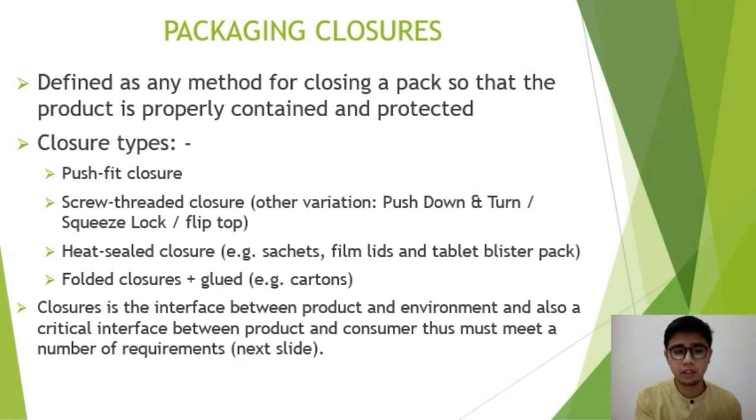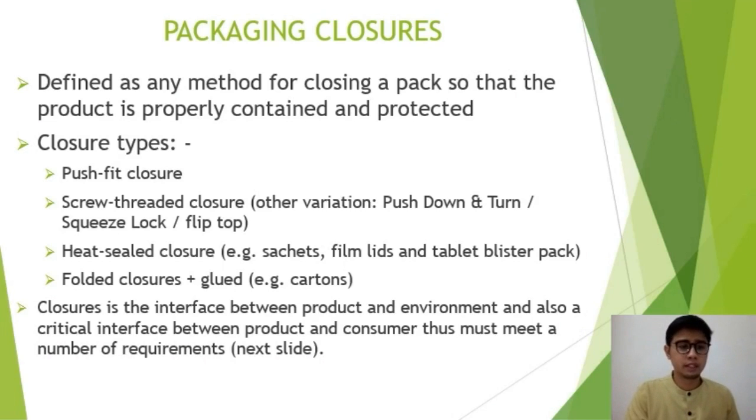The other variation is the squeeze lock and also the flip top. The flip top is here. It is a screw-threaded closure, but it has a flip top. The push down and turn and the squeeze lock are used as child-resistant closures.